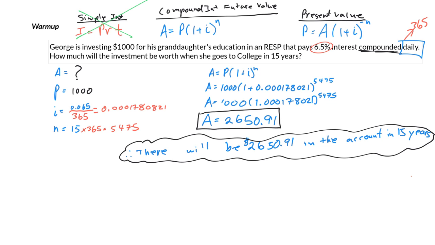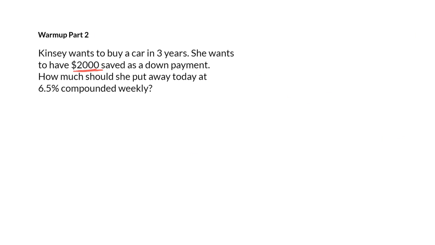So now that we've done this future value problem, let's see if we understand this present value problem that I have here. Okay, here's the problem. We're going to call this part 2. Kinsey wants to buy a car in 3 years.